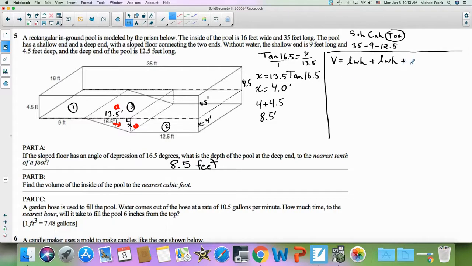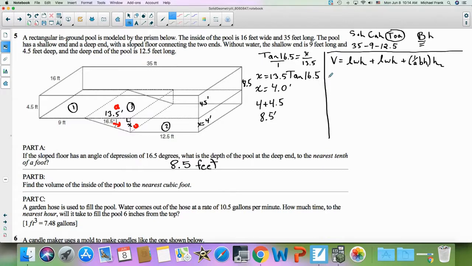Well, a triangular prism is really big B times H. But the big B, the base of a triangular prism, is the area of a triangle, which is 1/2 small b height. So this is really my big B. It's really going to be 1/2 my base times height, which is my big B, times the height, right? So you have a height 1 and a height 2 in that case. A little tricky.